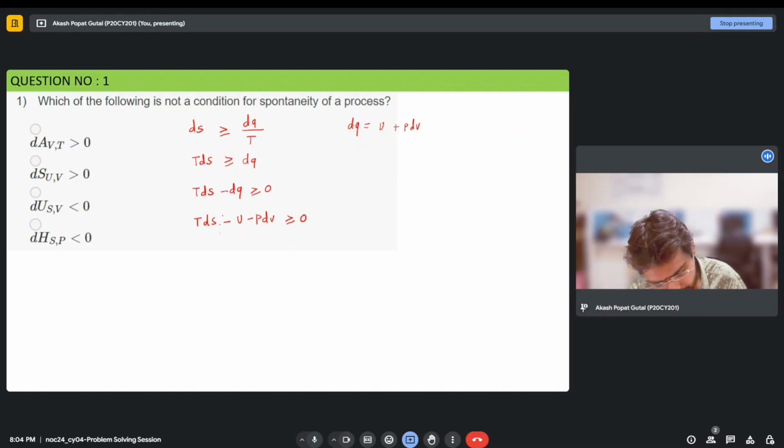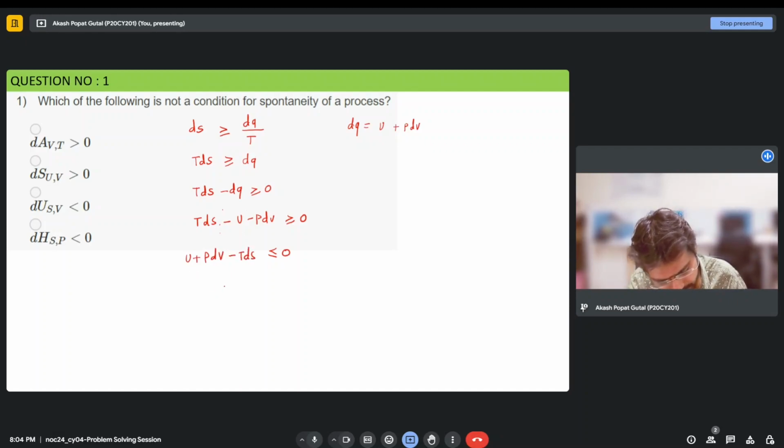And if we change the sign of the inequality, then we get dU plus pdV minus TdS less than or equal to 0.